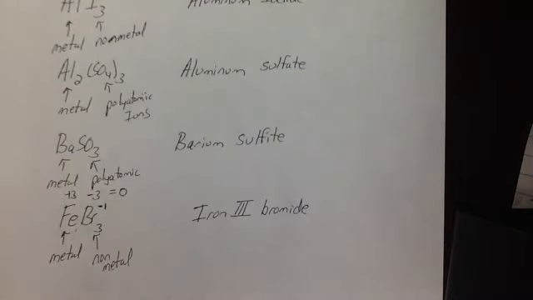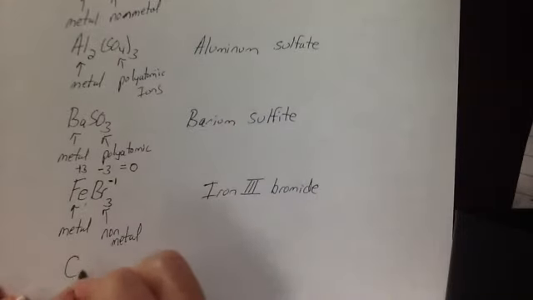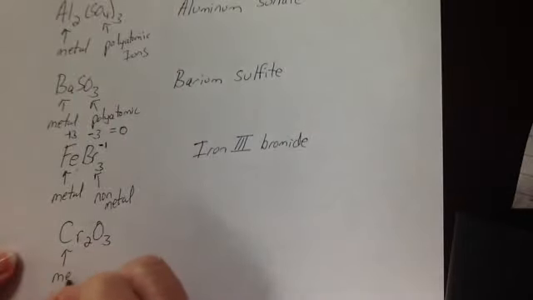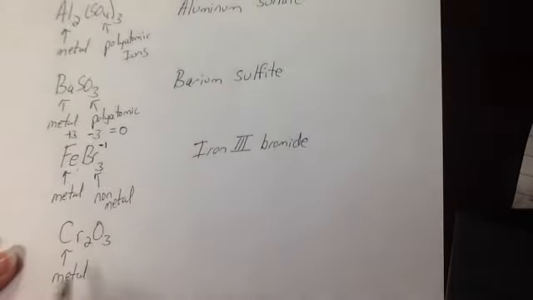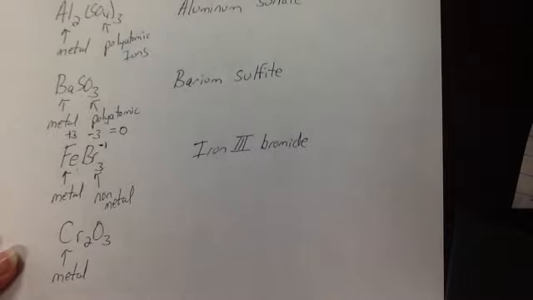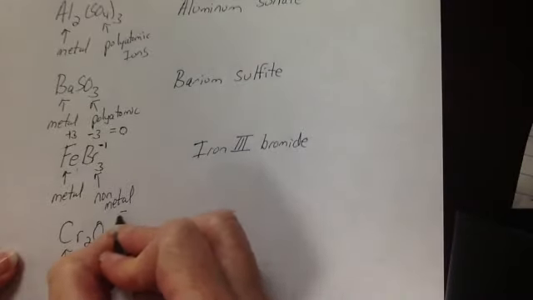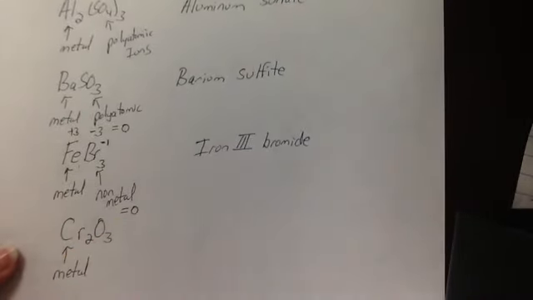All right. Let's see, we have another one here. We could look at Cr2O3. All right. This is a metal. It is a transition metal, and it's not one of the exceptions, so it does need a Roman numeral, so we need to figure out what that Roman numeral is. The overall charge on the formula is 0.